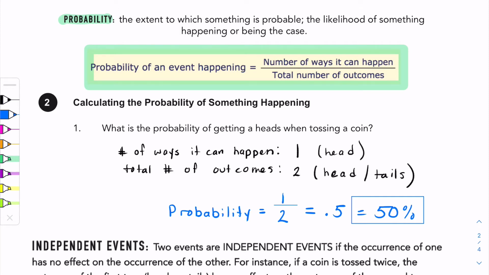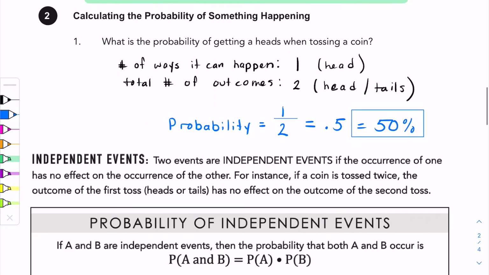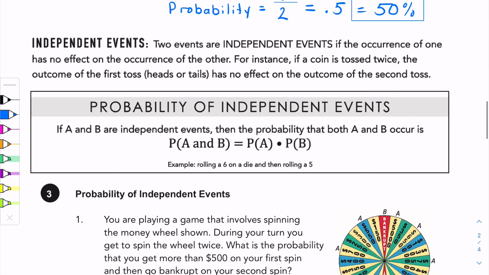Let's move on to ones that would be a little bit more difficult. So independent events. These are 2 events where the occurrence of one has no effect on the occurrence of the other. For instance, if a coin is tossed twice, the outcome of the first toss has no effect on the outcome of the second toss. This is called an independent event because each time you flip that coin, your answer is independent.